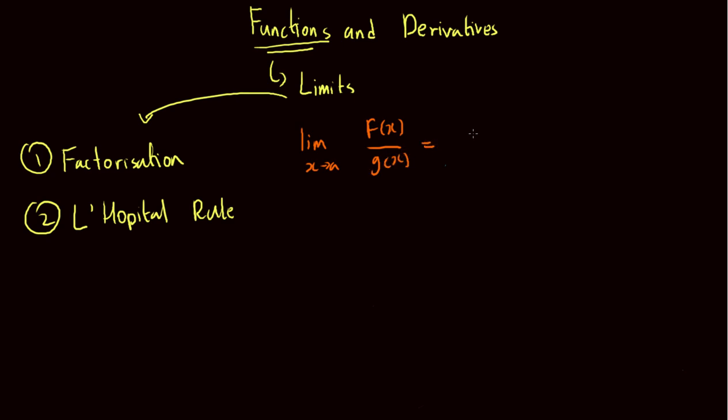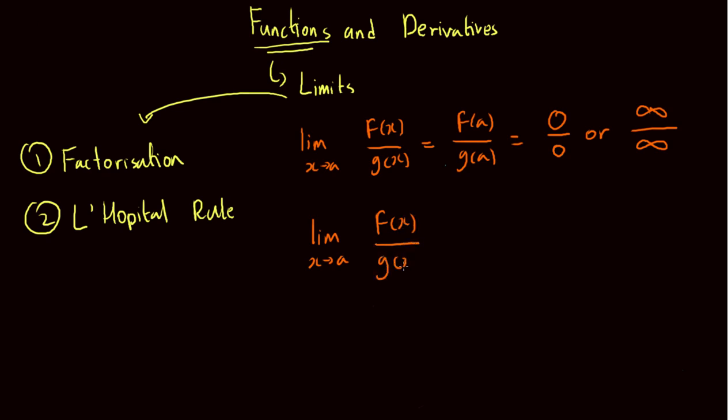If we substitute this a, giving f(a) over g(a), and we get a result like before, 0 over 0, or infinity over infinity, then we can use L'Hopital's rule. It basically states that the limit as x approaches a of f(x) over g(x) is equivalent to the same limit, but we take the derivative of f(x) and the derivative of g(x), and once we take them, we should be able to get our intended answer.